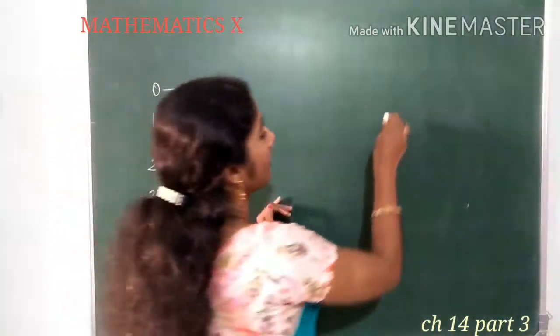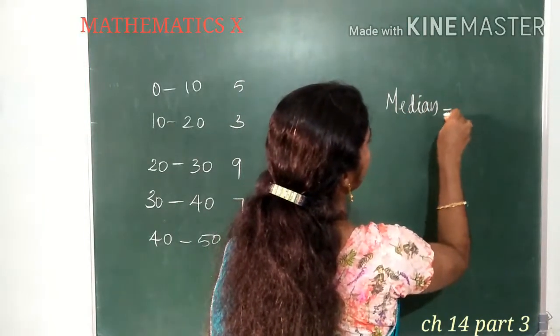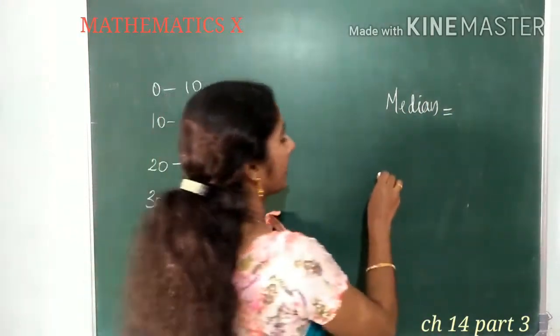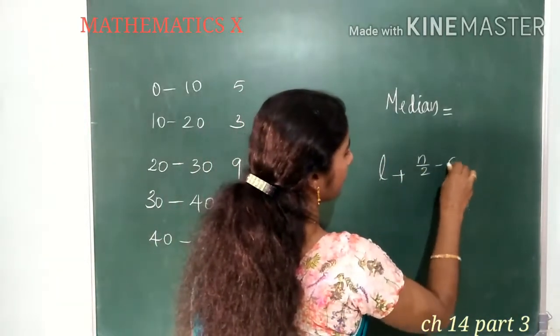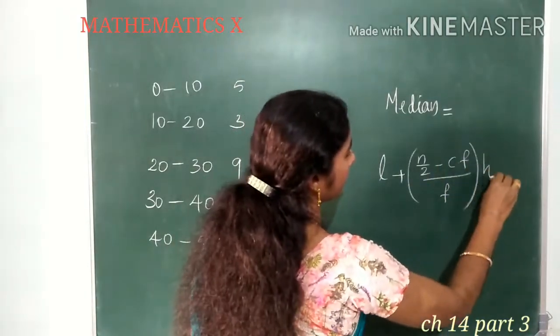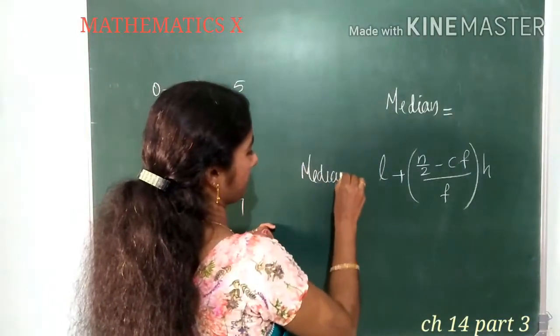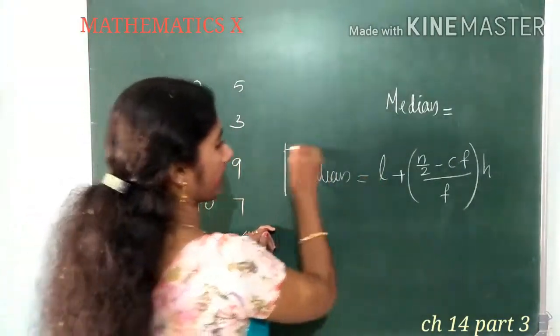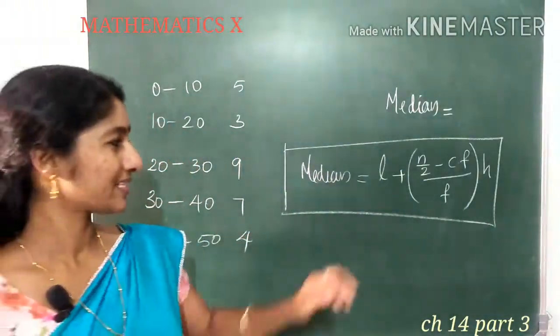For that, we have an equation for finding median, that is median is equal to L plus n by 2 minus CF by F into H. This is median. I will tell you what is n.